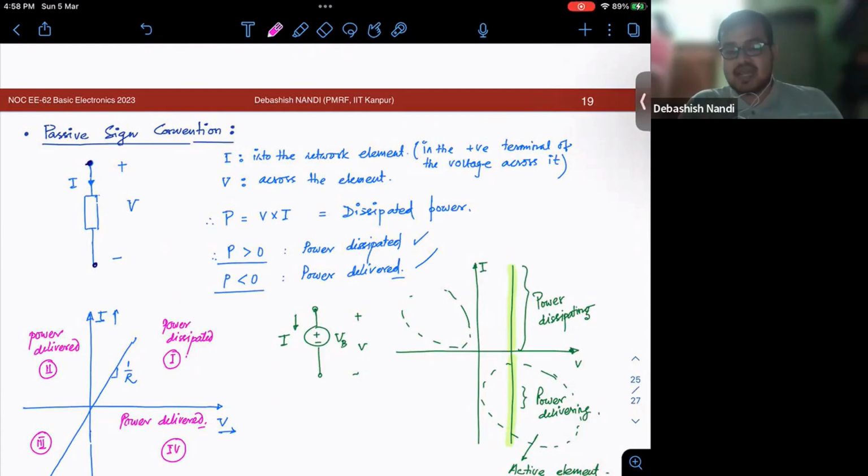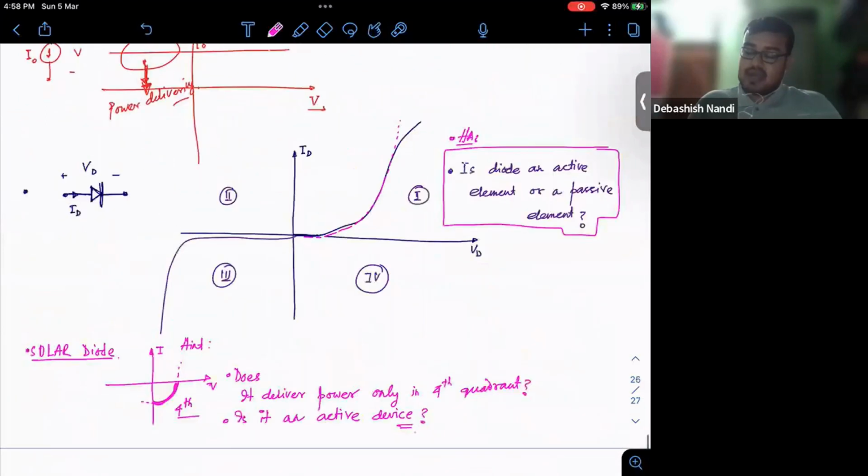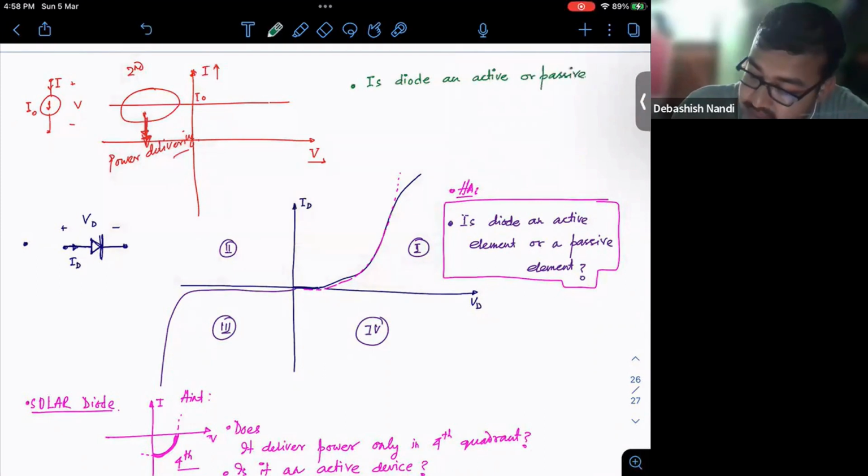It's like a resistive line, right? So you find out this question. Let me write it again. Is a diode an active or passive device? Give reason.